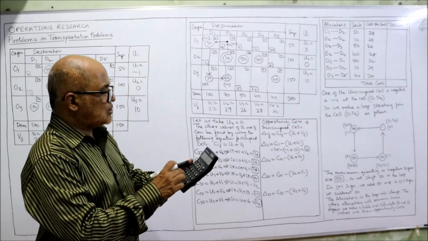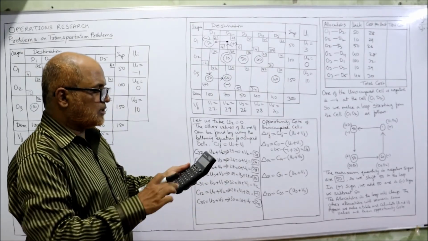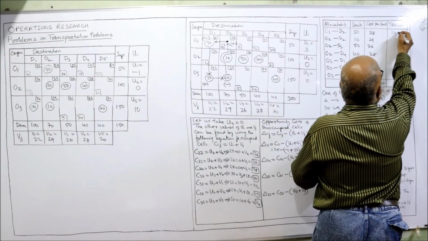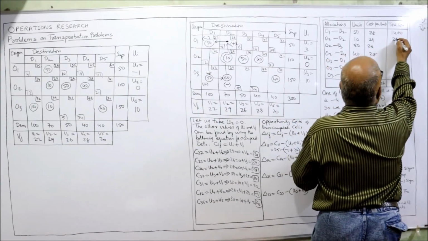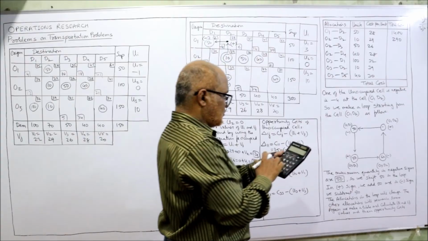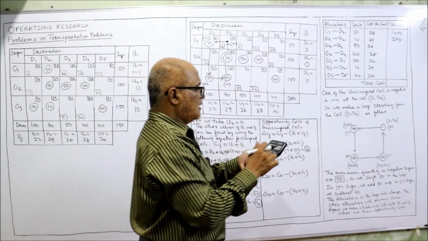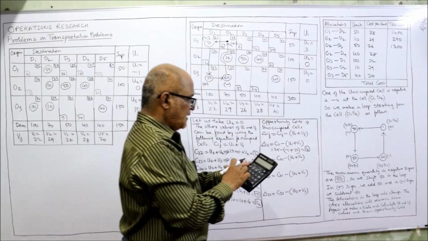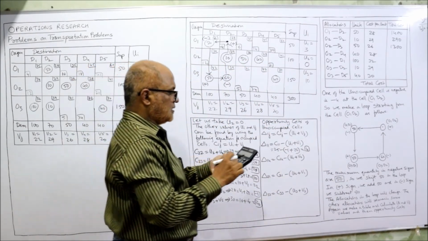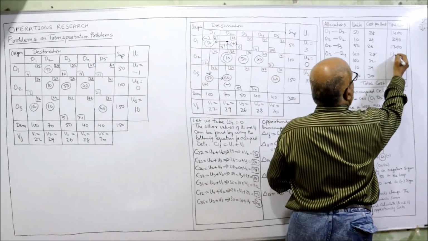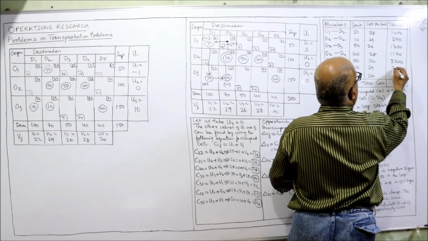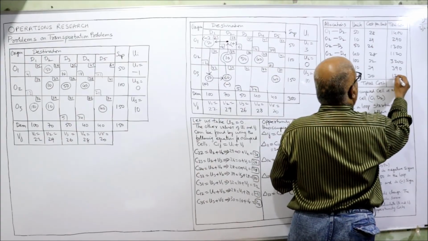Now write down the amounts. 50 into 28, 1400. 10 into 29, 290. 50 into 26, 1300. 40 into 28, 1120. 100 into 32, 3200. 10 into 39, 390. 40 into 30, 1200.